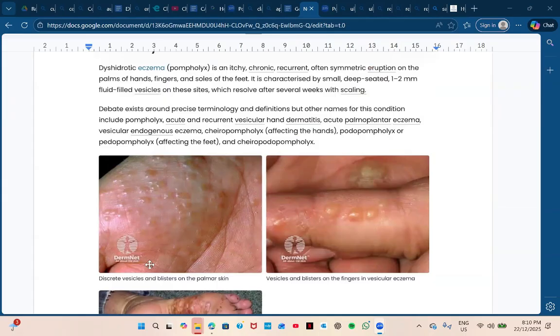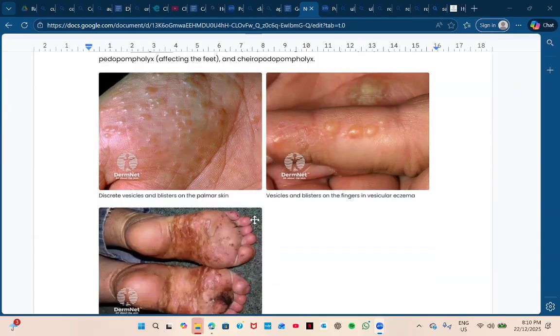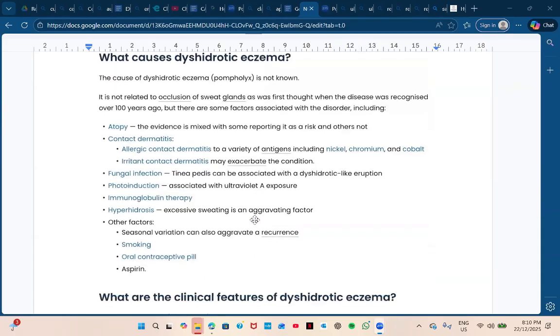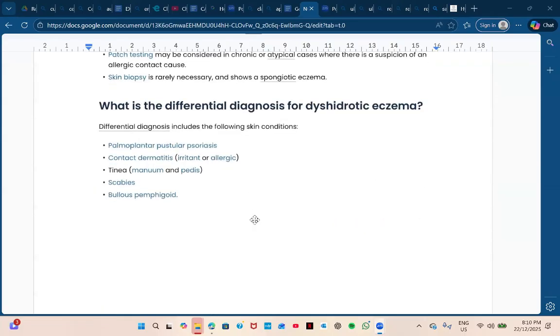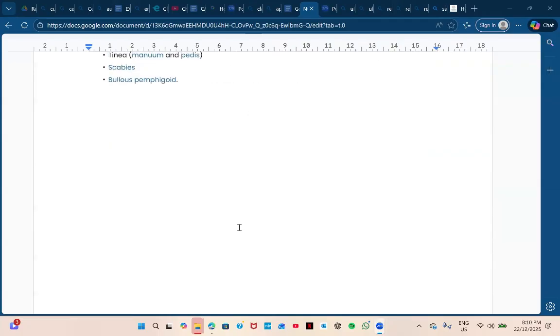Okay, herpetic whitlow. Then what about the other thing? Do you remember something like this? Small white papules. Molluscum contagiosum also looks kind of the same. So we have to exclude these other pathologies as well. These are the differential diagnoses we already discussed.